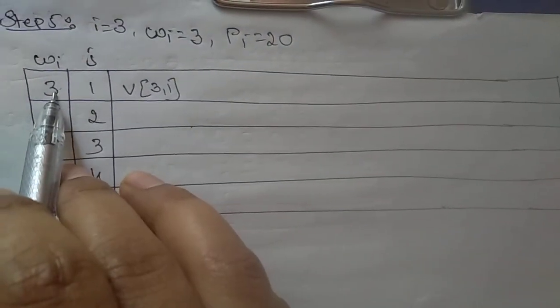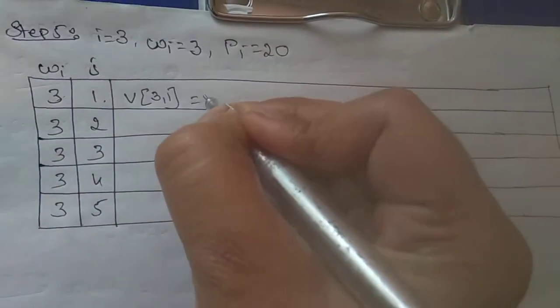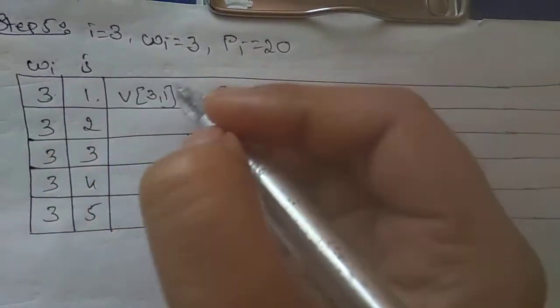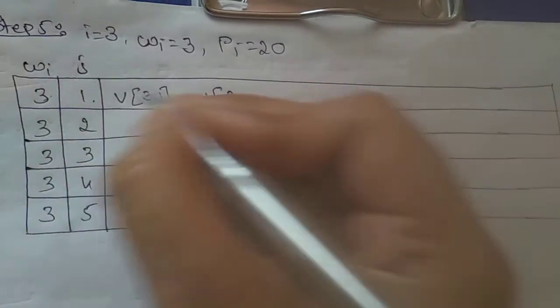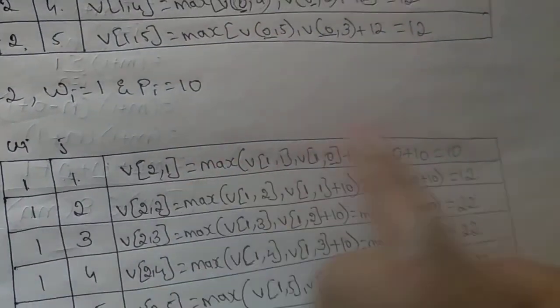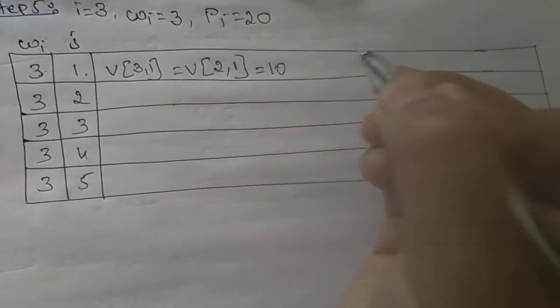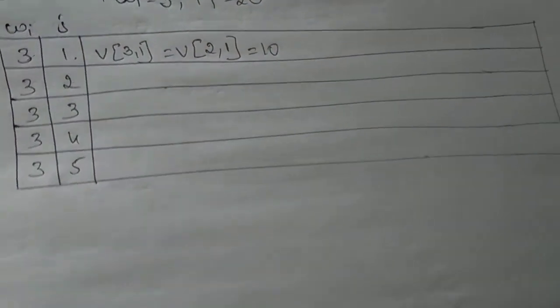Here wi is greater than j. Greater than j means v of i minus 1 comma j. i minus 1 means 2, j value is 1, 2 comma 1. What is the value of 2 comma 1? It is 10. So I'll just write this equal to 10.